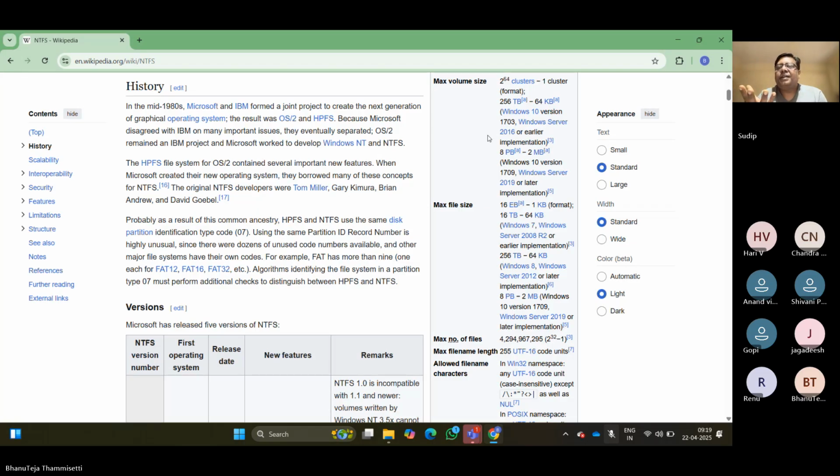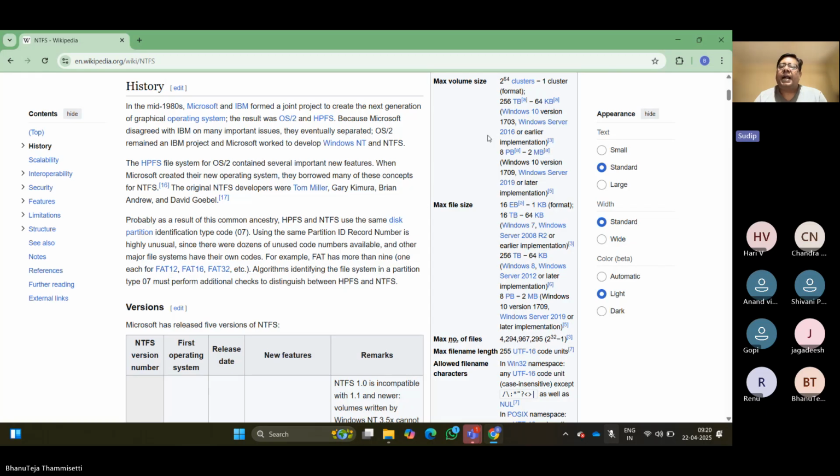Depending upon which version of operating system you install on your laptop, your phone, or your server, you will get the choice of file systems compatible with that operating system.